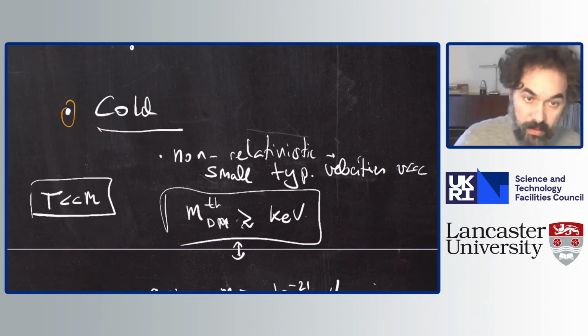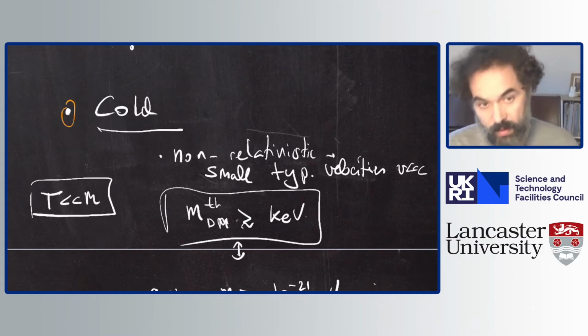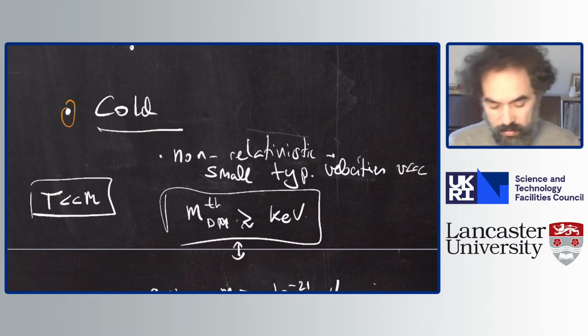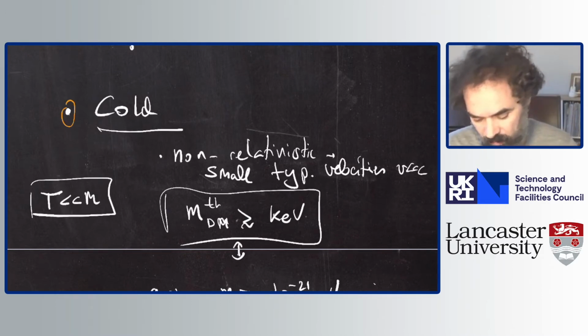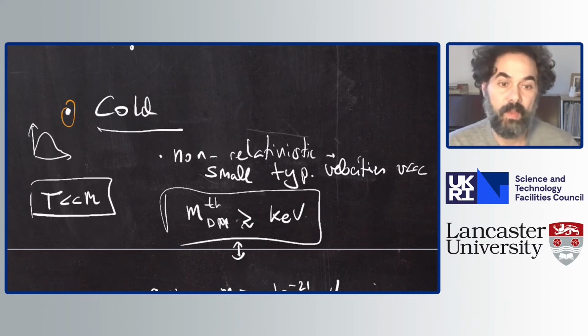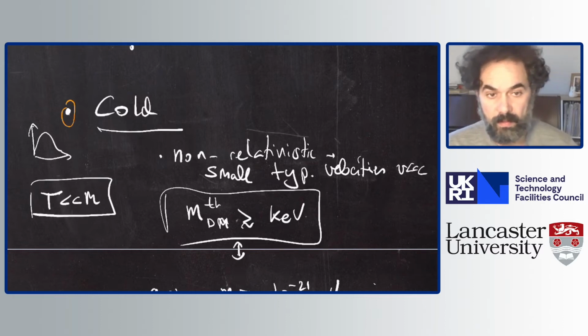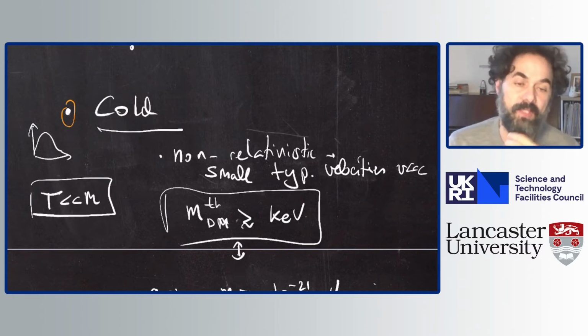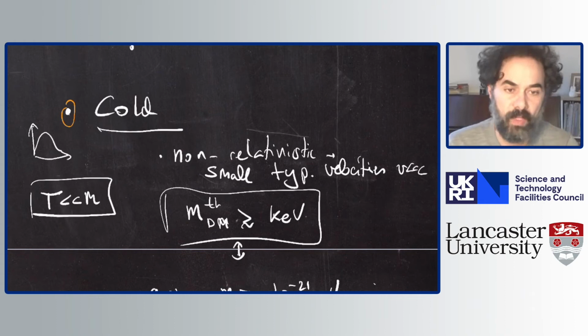The reason why we call this cold is that if we have a particle which has been produced thermally, meaning that it has some thermal spectrum, it is when the temperature is below the mass that the typical velocity is smaller than the speed of light.